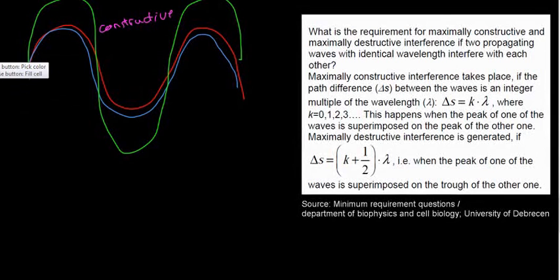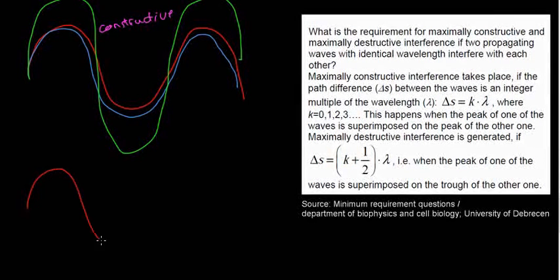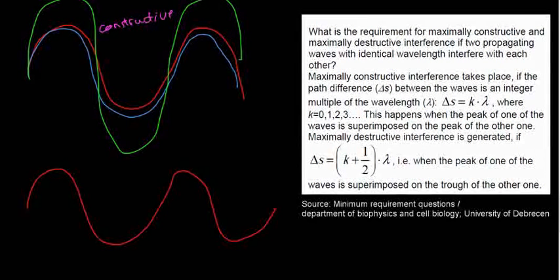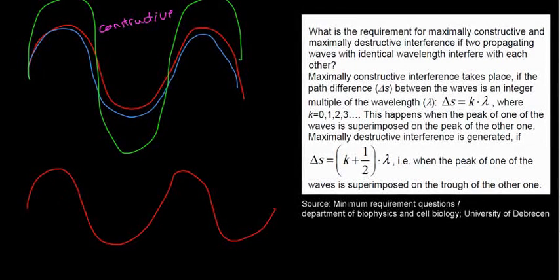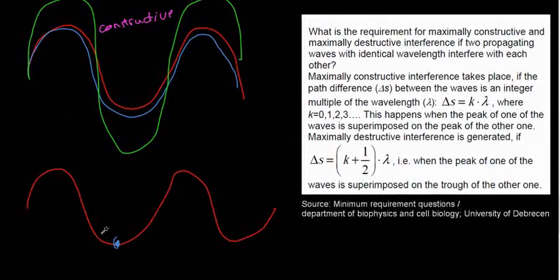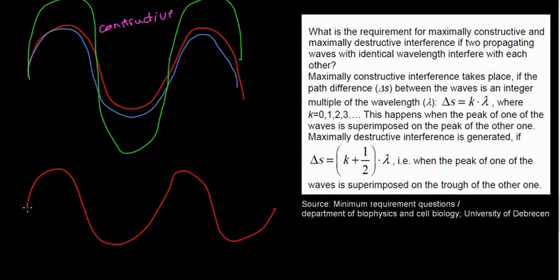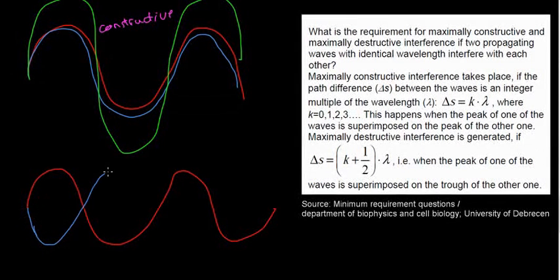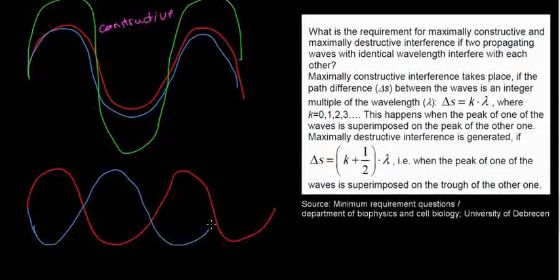And if I want them to optimally cancel each other out, I'm just going to draw another scenario here. If I want them to cancel out ideally, what I would have them do is have this peak meet this trough. So really it would seem something like this, right around this. There we go. And you can see that they're actually out of phase now.